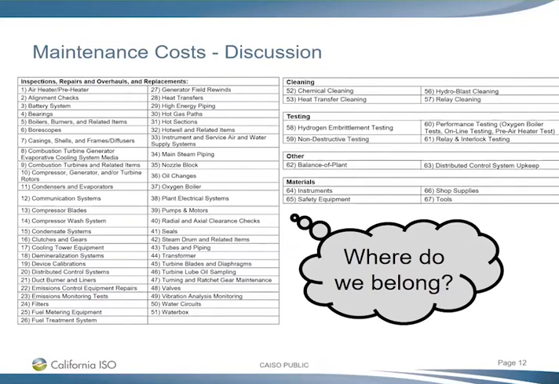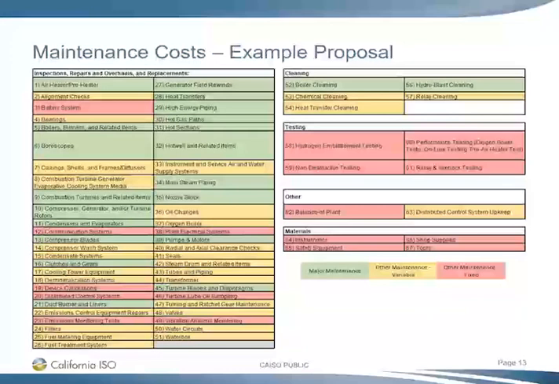And on the next slide, we have a proposal of maybe where each item should go, but it's by no means definitive. So just to seed the discussion, are there any items here that you think clearly would fall into major or other? I think we've touched a little bit on that before.